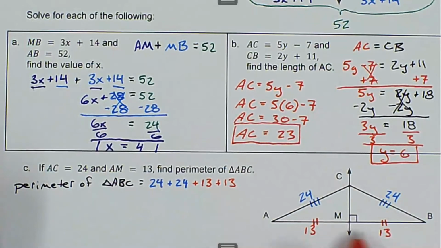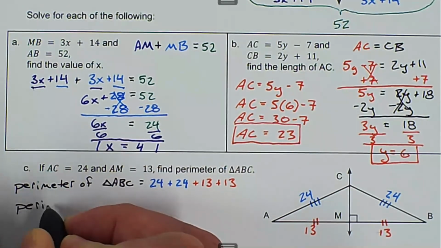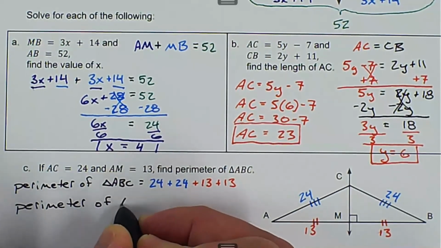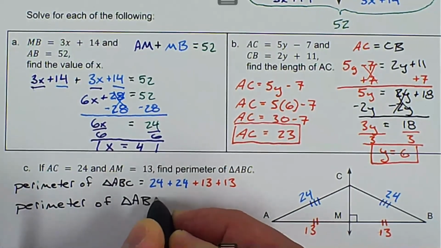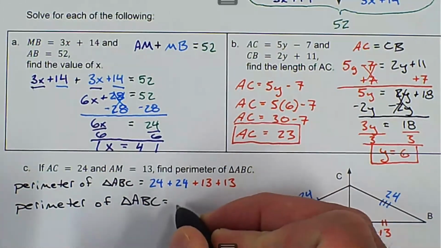Those are the sides that we know that will be the entire perimeter of the triangle. So the perimeter of triangle ABC is equal to, add those all together, and we get 74.